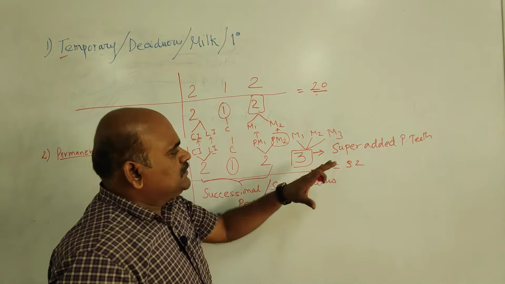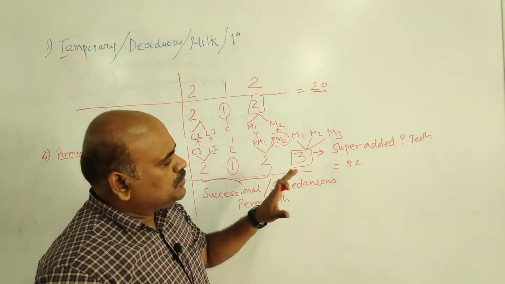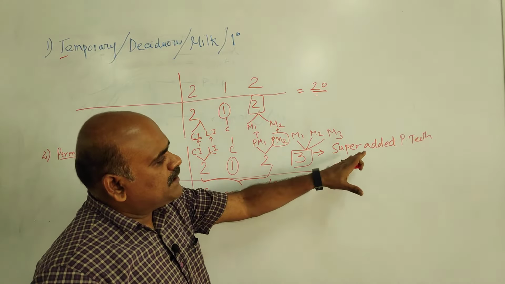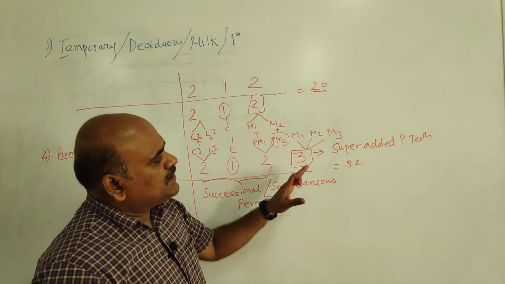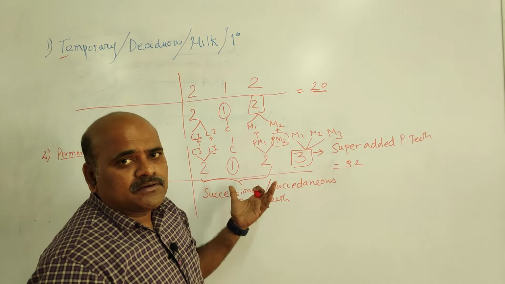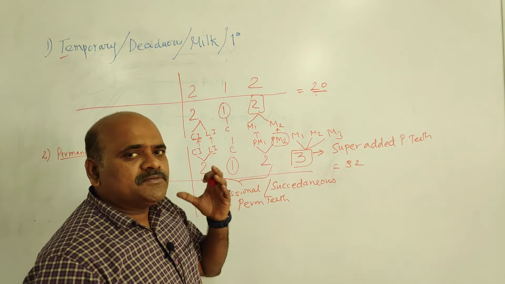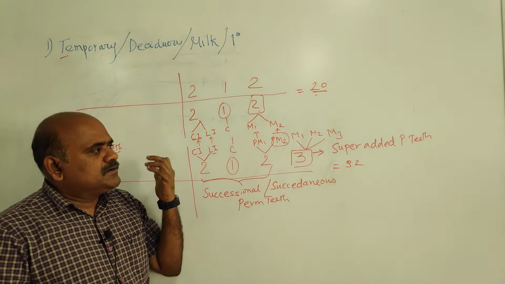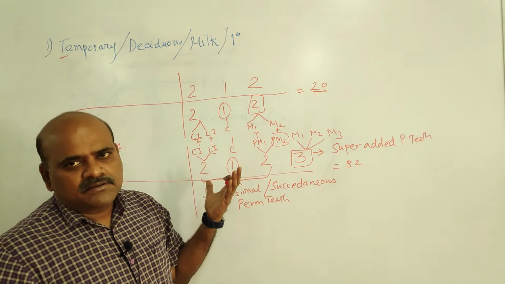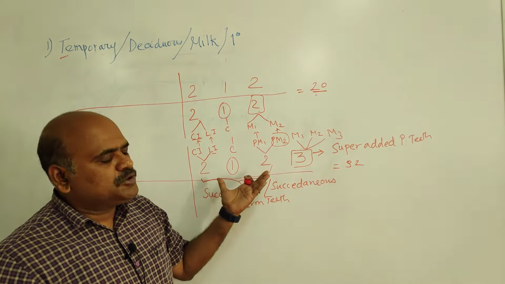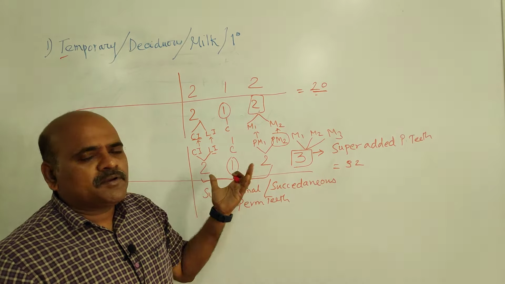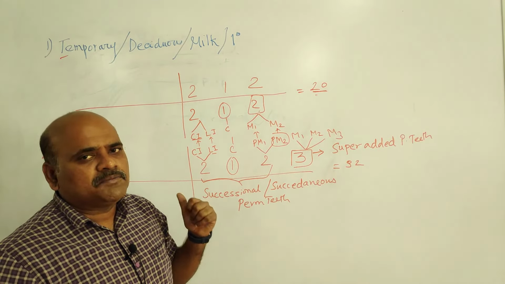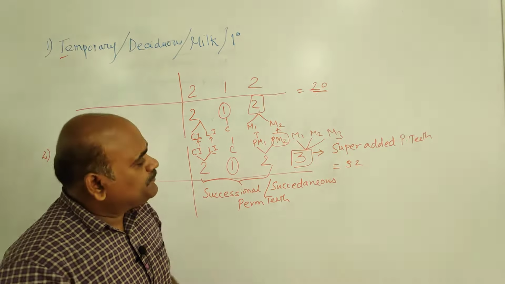That is, all the 12 molars in total are superadded permanent teeth. You should not get confused with supernumerary teeth. Supernumerary teeth means additional teeth than the usual number. Instead of 32 permanent teeth, 35 permanent teeth or 33 permanent teeth may be there. They are called supernumerary teeth.